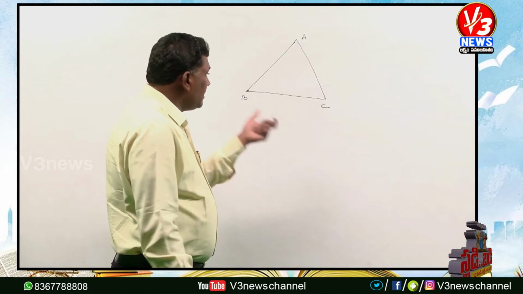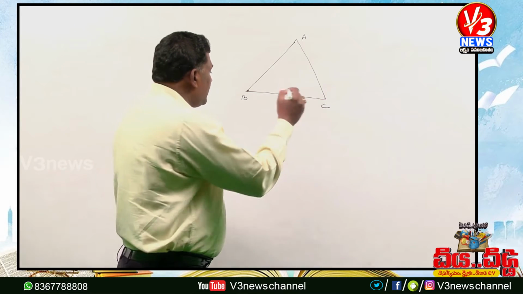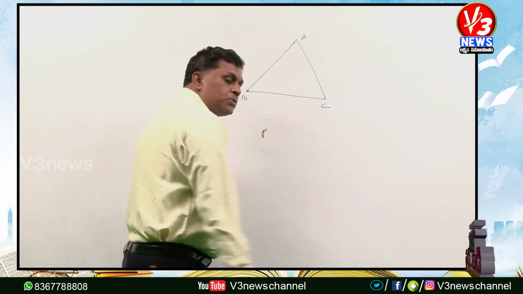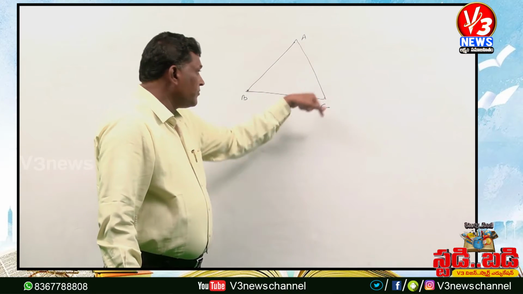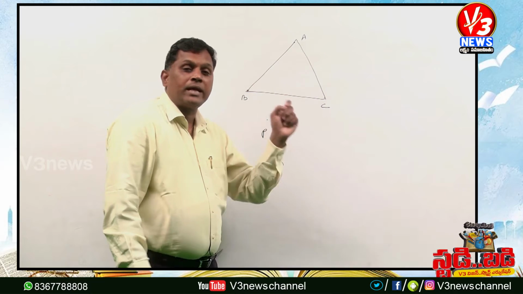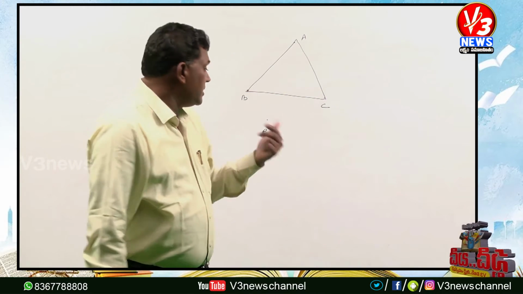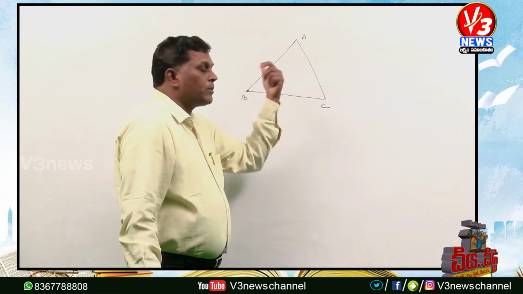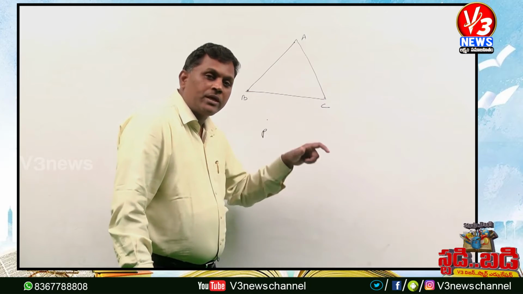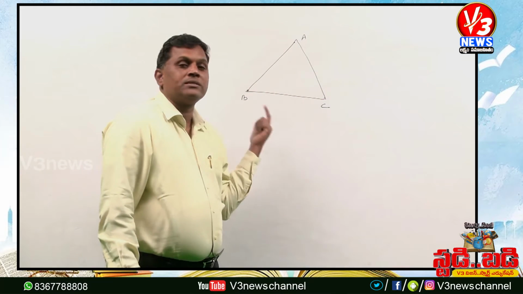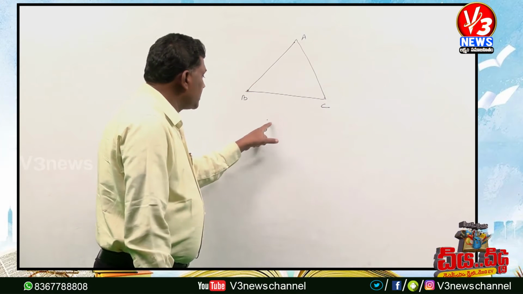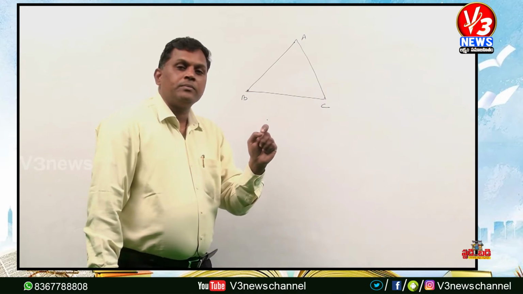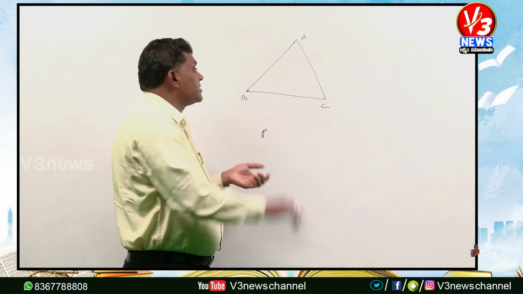In triangle ABC, if P is a randomly chosen point in the plane of triangle ABC, it means P may be interior or exterior, or may coincide with one of the vertices, or may lie on the sides also, it does not matter. The thing is that P is a point in the plane of triangle ABC.